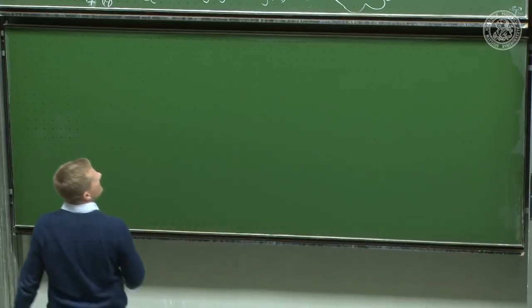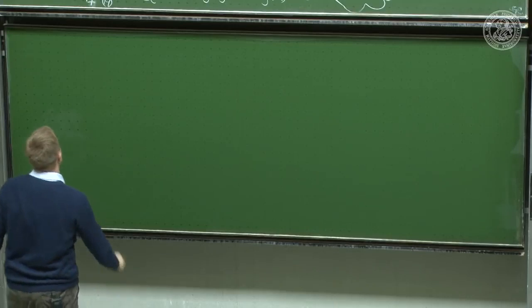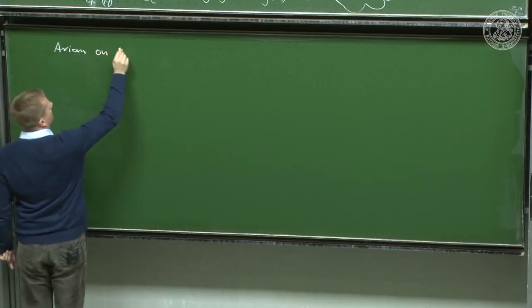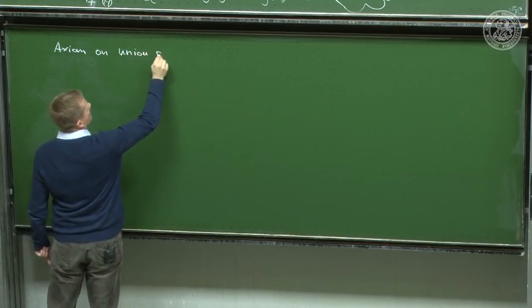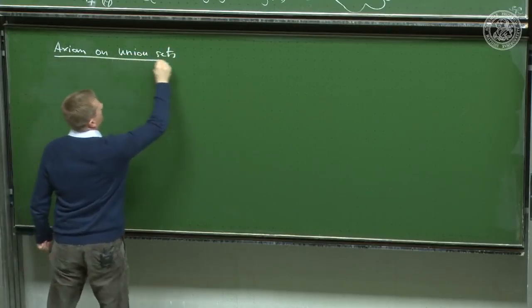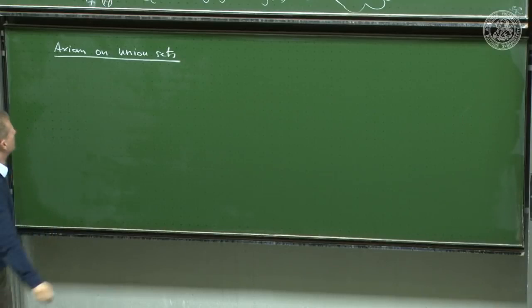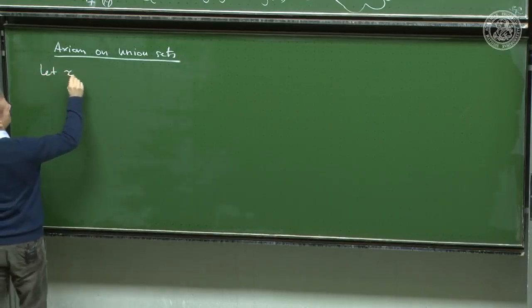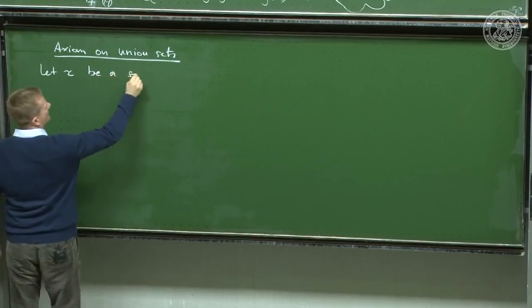So that's the pair set axiom. The next thing is in our ZFC, we have the axiom on union sets. It takes the following form. Let X be a set.